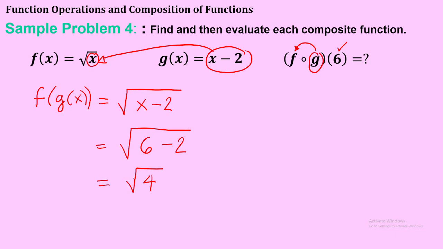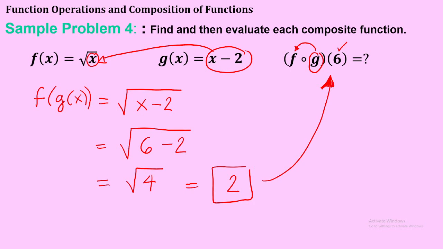Now, what is the square root of 4 equal to? 2, sir. Okay, the answer here is the number 2. So that is our answer to the problem.